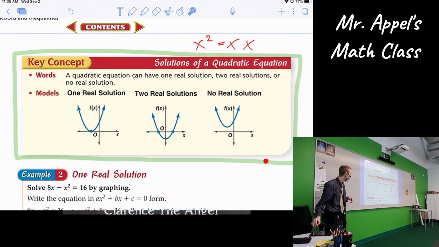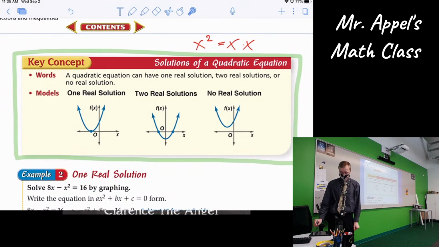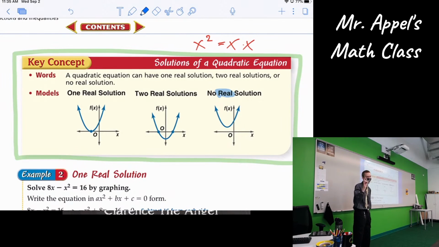Or you could totally have this happen where the parabola is entirely above the x-axis and going up. Or you flip it around, it's entirely below and just goes further down, and it never crosses the x-axis ever. In which case you have no real solutions. This is why they put that word right there. There technically are solutions. There's always two solutions. They're just not always that pretty.